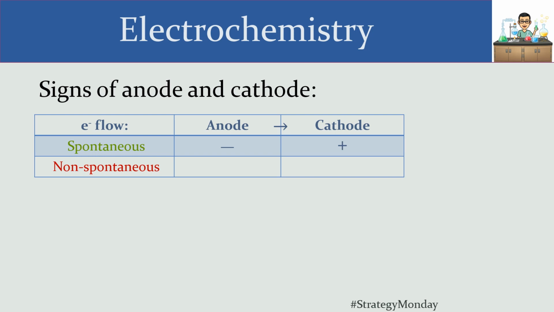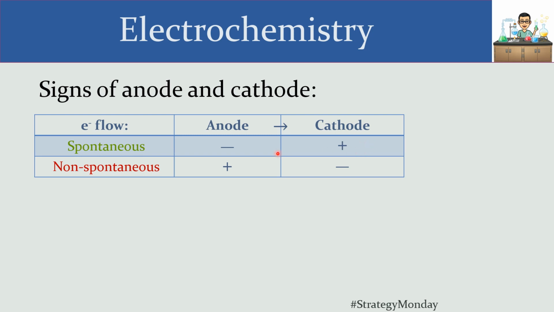Once you know that, in a non-spontaneous cell, everything's flipped. That's a good way to know what's happening in a spontaneous versus a non-spontaneous electrochemical cell. Think of where the electrons will head spontaneously. They're always going to go to the positive end, and that means the cathode is positively charged in a spontaneous cell.